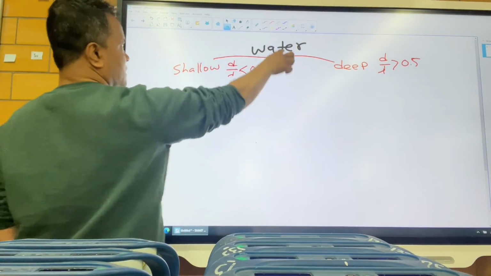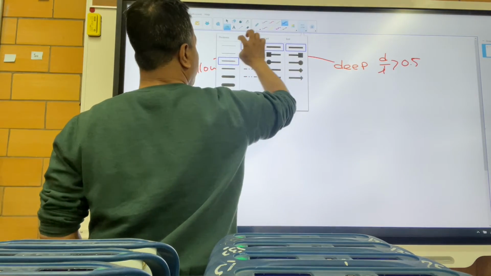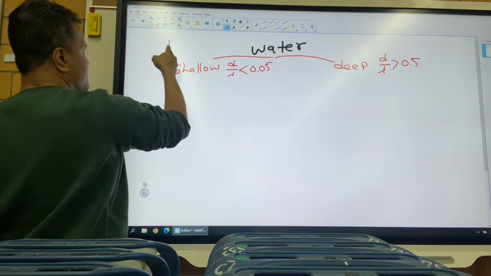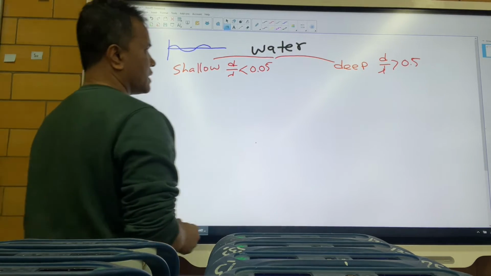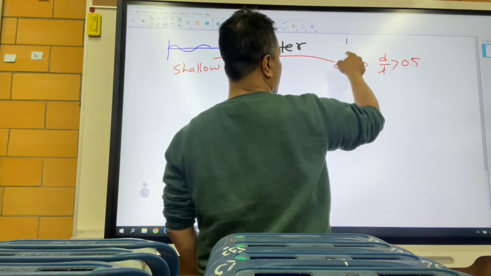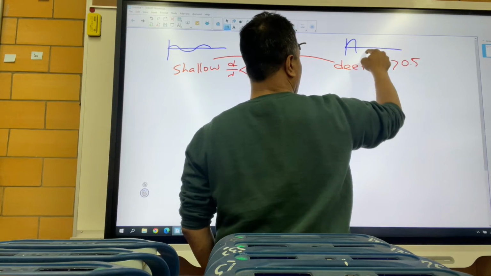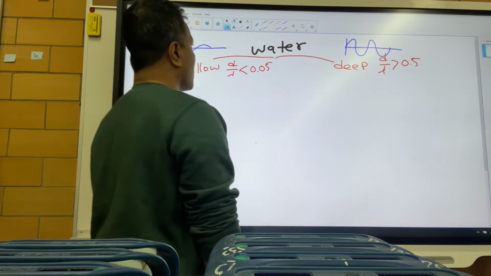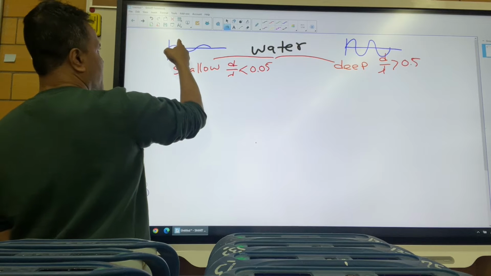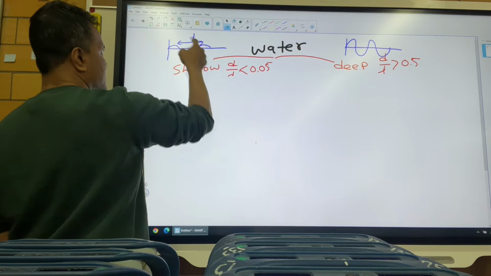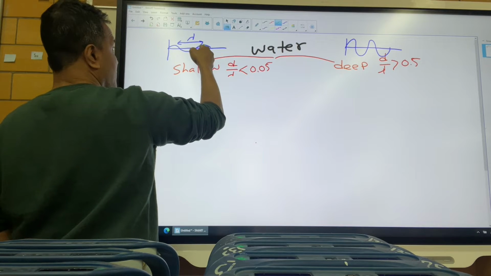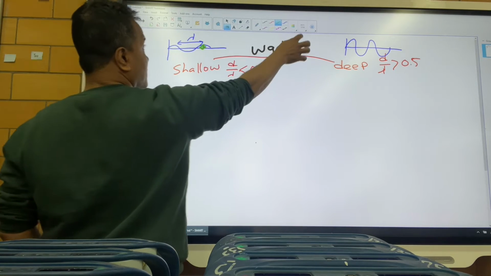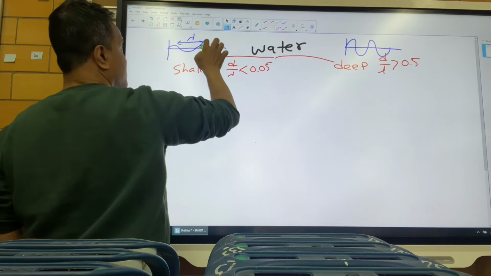Now let's give you two examples. Let's say this is a shallow and this is a deep water wave. The lambda over here, this is crest to crest is lambda, and this is of course the distance, the depth.